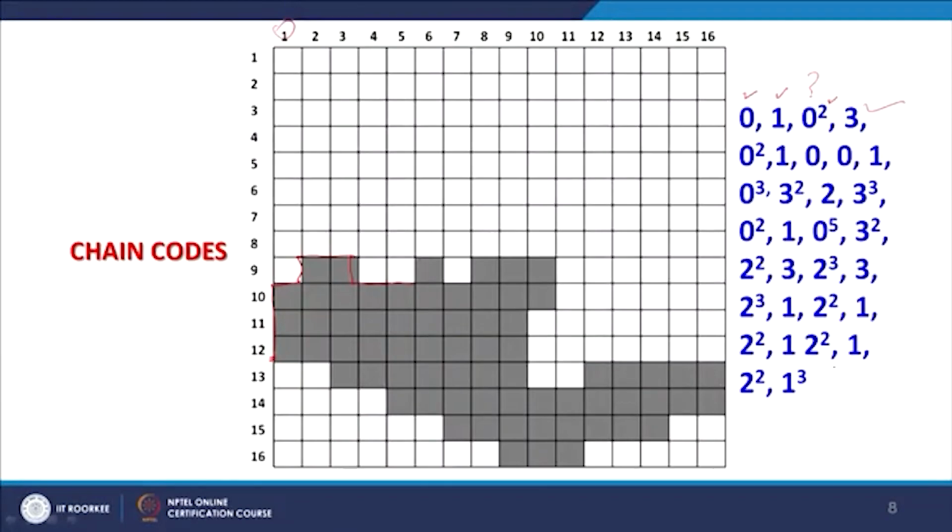Instead of storing values for each cell, a large area has uniformity and therefore redundancy in this particular image, which can be coded by only giving these values. So this way we can do the chain codes.